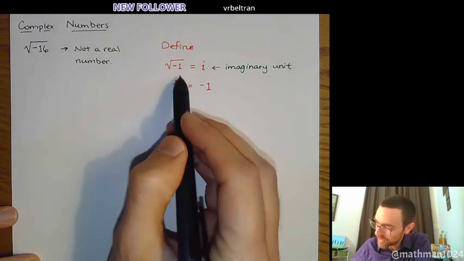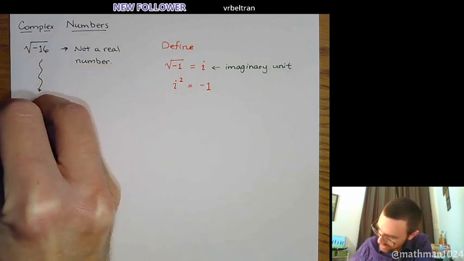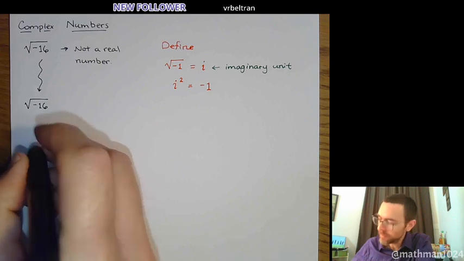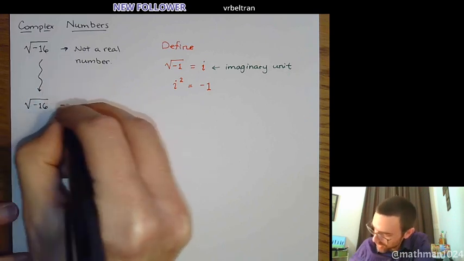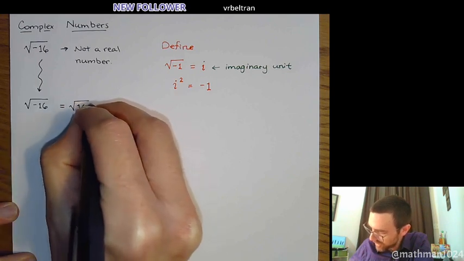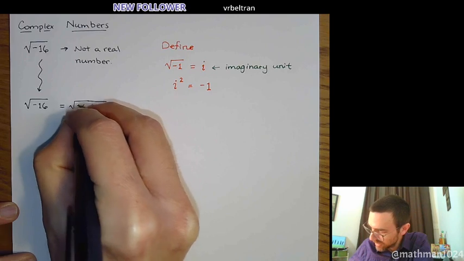So keeping this definition in mind, we can now take this radical, the square root of negative 16, and we can rewrite this to say that this is the square root of 16 times negative 1.